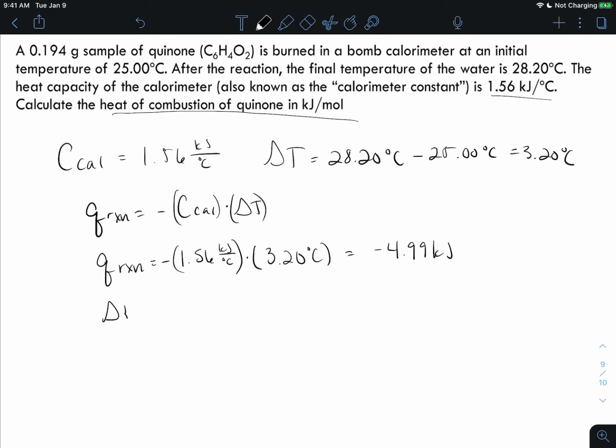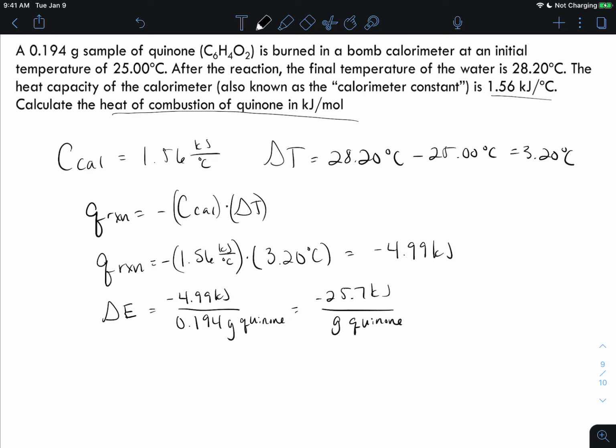So to actually solve for our internal energy, we're going to take our energy that's produced during this reaction, divide it by our grams of our sample, so 0.194 grams of quinone, and this will give us negative 25.7 kilojoules per gram of quinone.